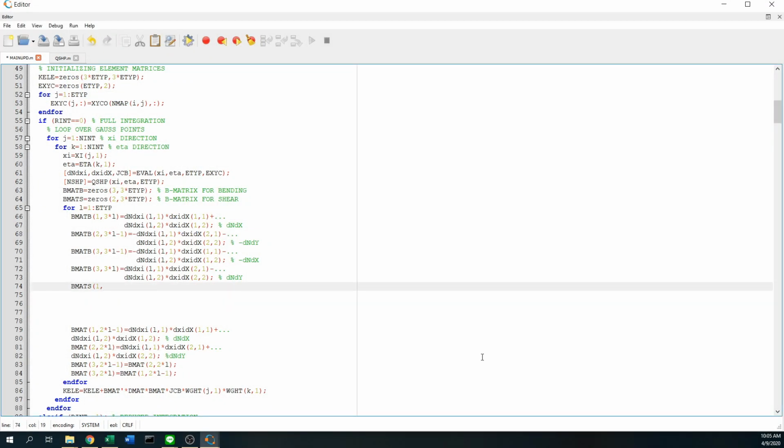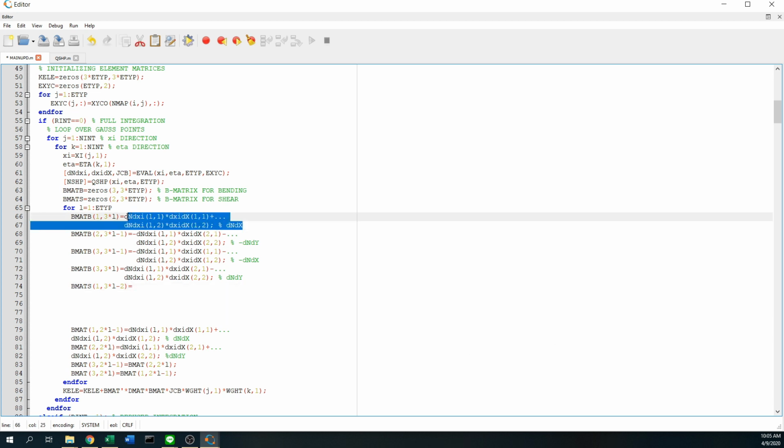So 1 and 3 times L minus 2 is equal to the d phi dx. d phi dx is this one here.